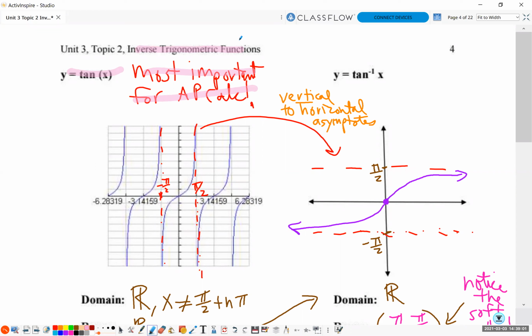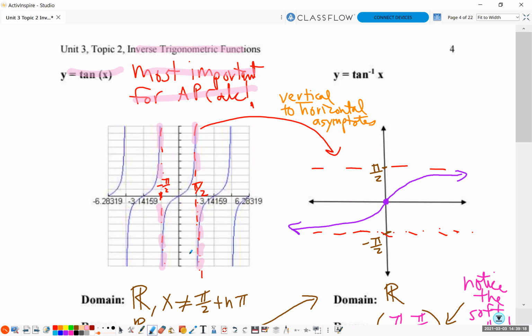If you remember with tan, this is tan x. It has vertical asymptotes at -pi over 2 and pi over 2. And the curve goes between those.